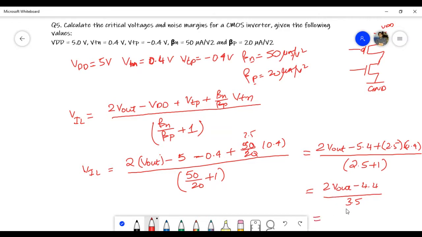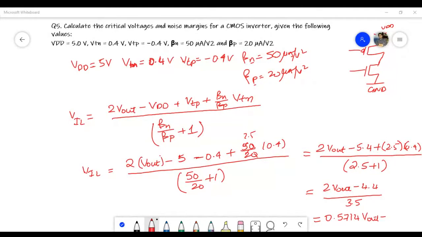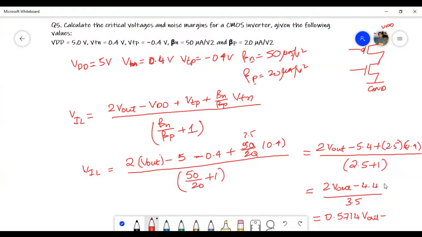So divide 2 by 3.5, it will be how much? 2 divided by 3.5, 0.5714 V out minus 4. So it will be 1.257.